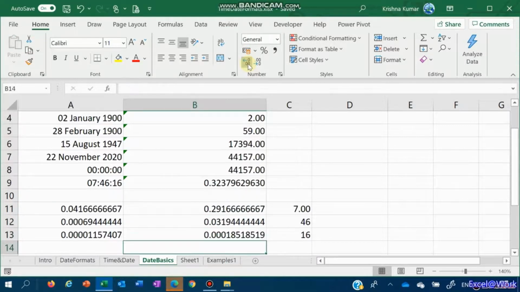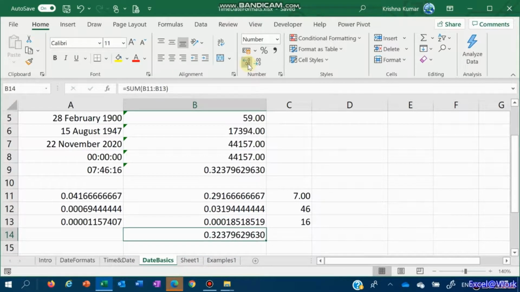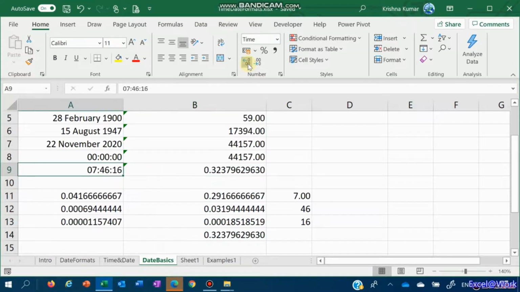When I add these three, the hour fraction, the minute fraction and the second fraction, I get the sum of B11 to B13, which is 0.32379629630, which is same as this. So this is how Excel calculates the time and dates as numbers.